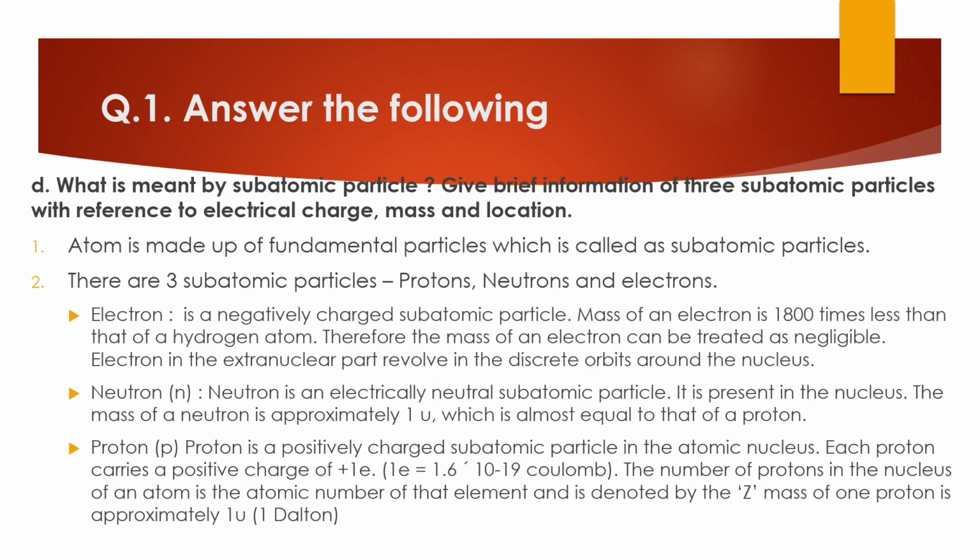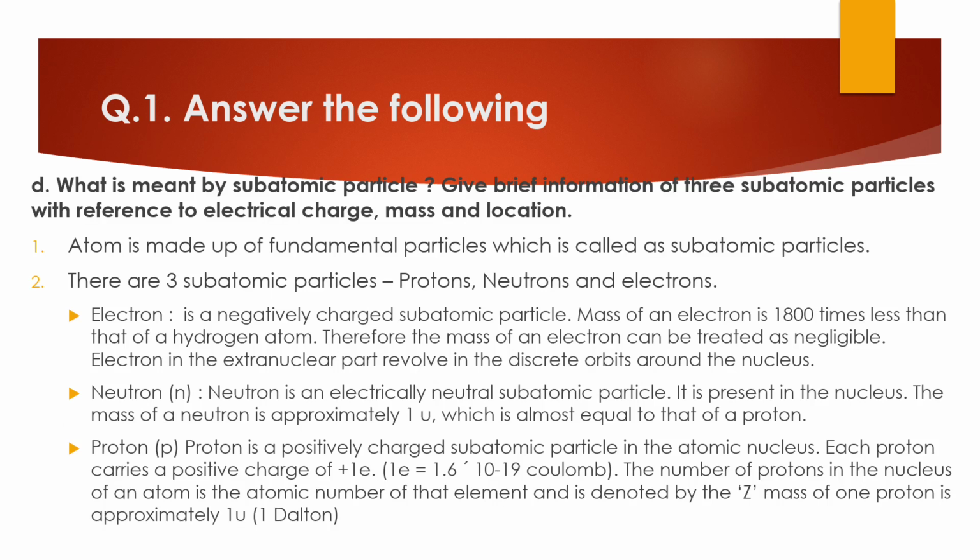Now these electrons are located in the extranuclear part of the atom, and the mass of an electron is 1800 times less than that of the hydrogen atom. So the mass of an electron is considered to be negligible. Neutrons.